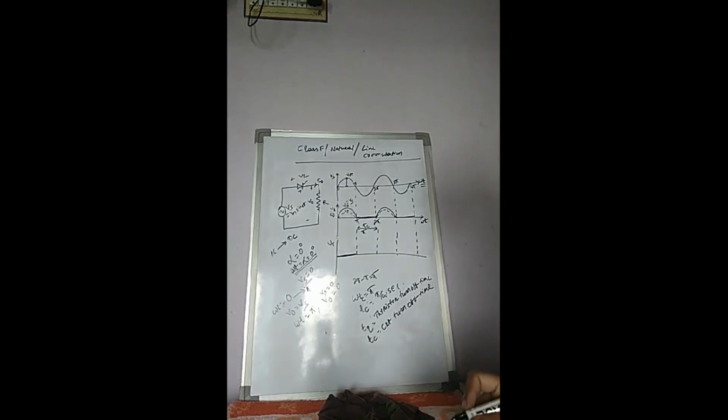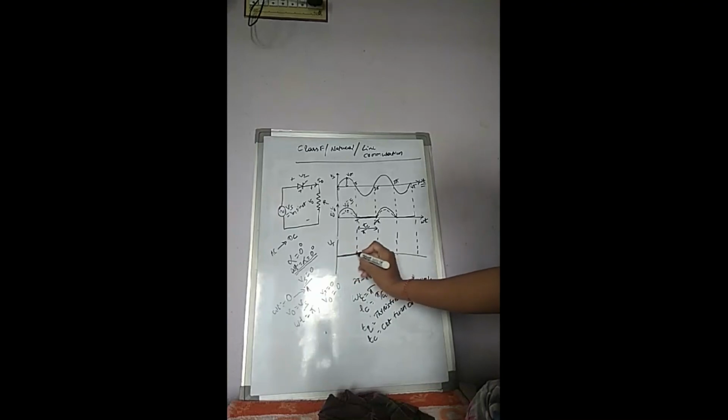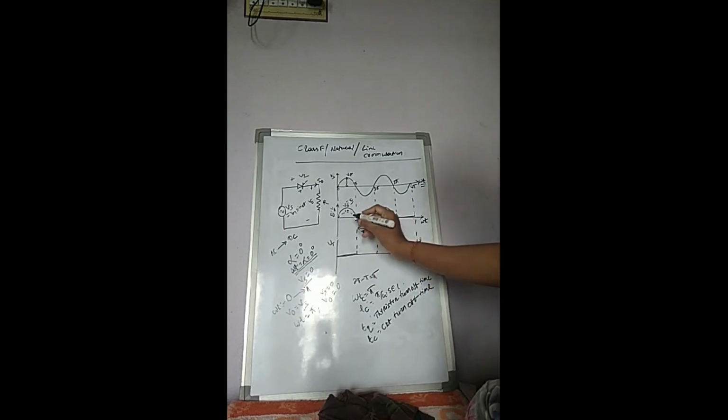But in the practical case, there is a voltage drop of 1.5 to 2 or 3 volts, I already told you. But for the ideal case, there is 0 voltage drop across the device when it is in turn on mode.